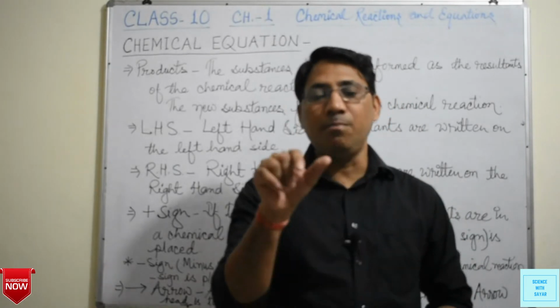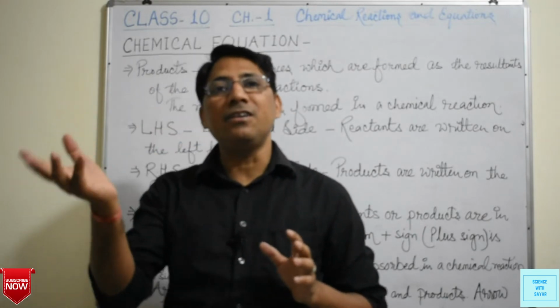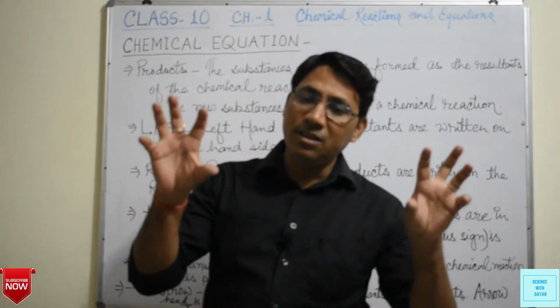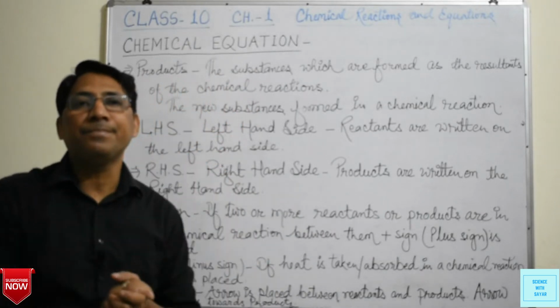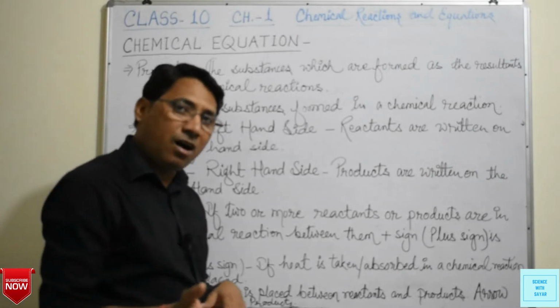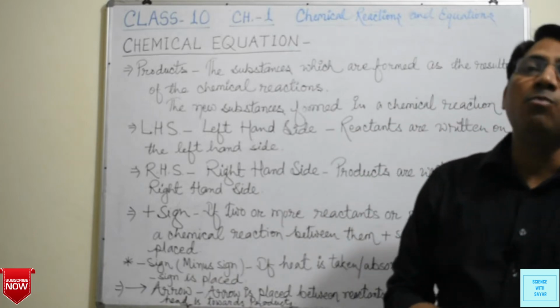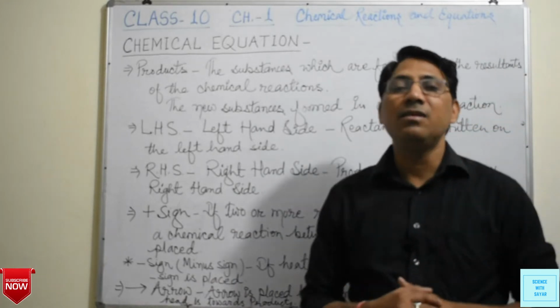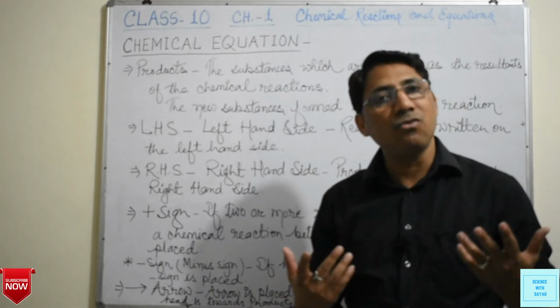For example, A plus B, it means A is the reactant and the second reactant is B. So between these A and B, we put a plus sign between them. And if the products are also more than one, in that case we put a plus sign between those products which are more than one.